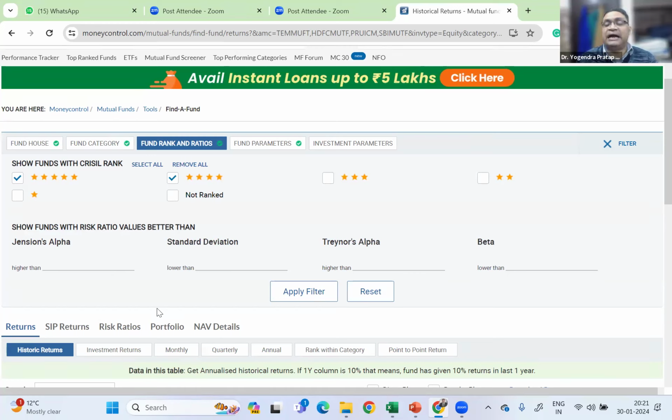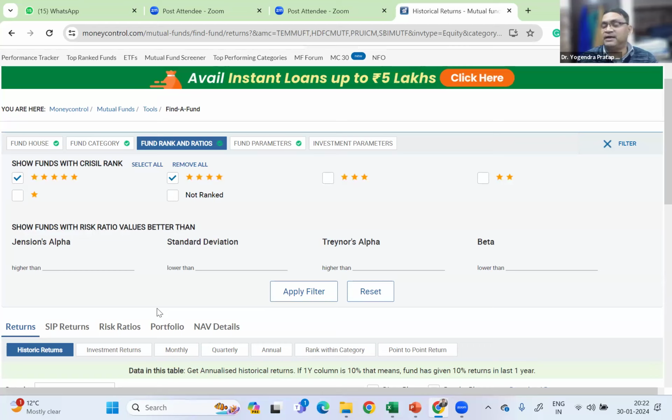Beta is the sensitivity of your scheme's return to the market. It means if the beta is high and the market goes down, the NAV will go down. I told you that the price of units of a mutual fund scheme is measured through NAV, net asset value.